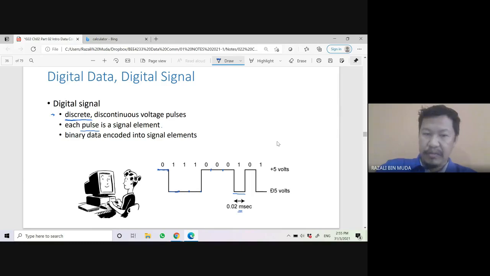From this time or period, we call it period T, you can calculate the frequency, which is 1 over T. Okay, binary data is encoded into signal elements. So binary data 01, 01, 110 can be translated into signal elements.